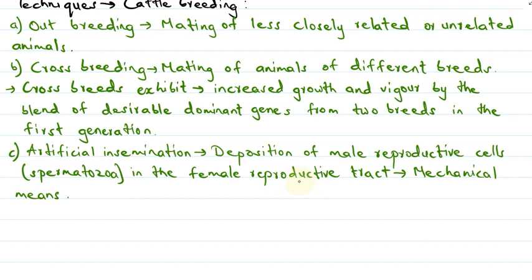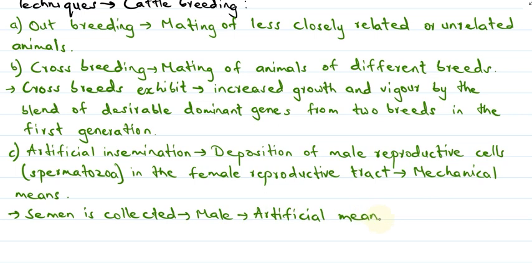So the semen is collected from the male by artificial means. Okay, the collected semen is then inseminated into the female by placing it into the cervix of the uterus by mechanical methods, at the proper time and under most hygienic conditions.